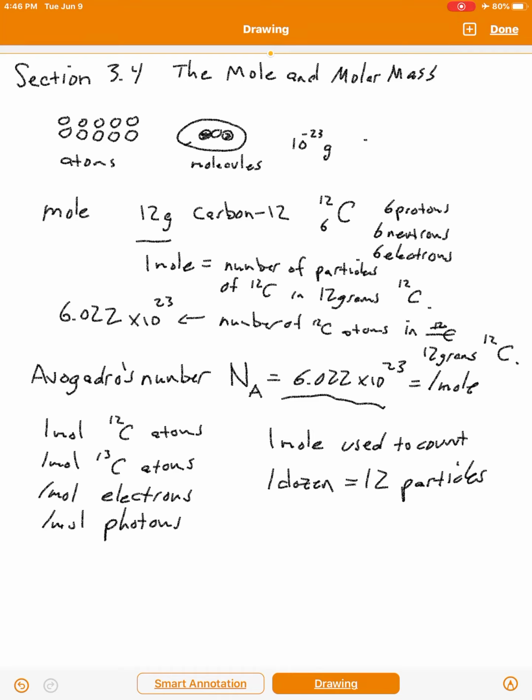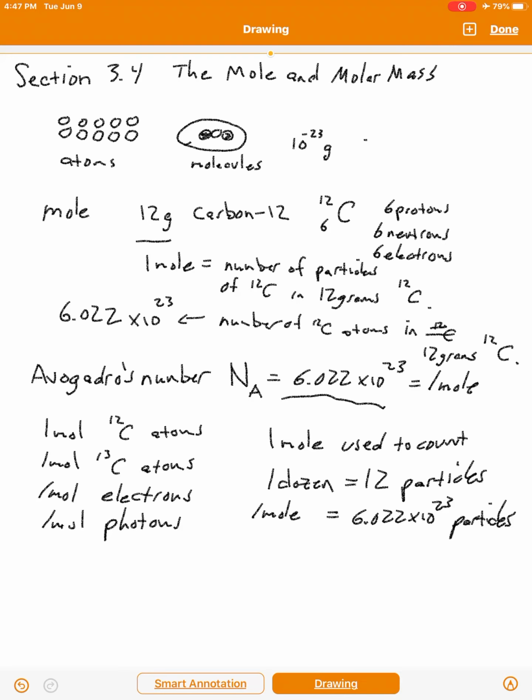If I have 2 dozen, that means you have 24. 1 mole is the same thing, it's just a bigger number. Now, why use such a big number? Well, because atoms are so small, molecules are so small, that even a small amount of them is a huge number. Okay? That's essentially the idea. Avogadro's number. Now, mainly what we do in this section is conversions involving that.